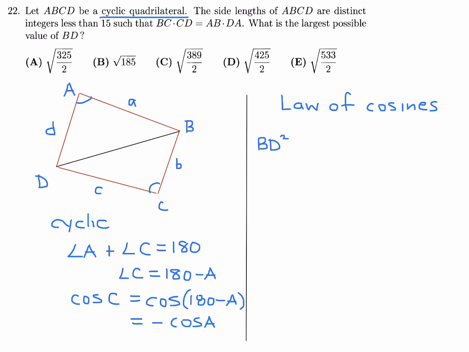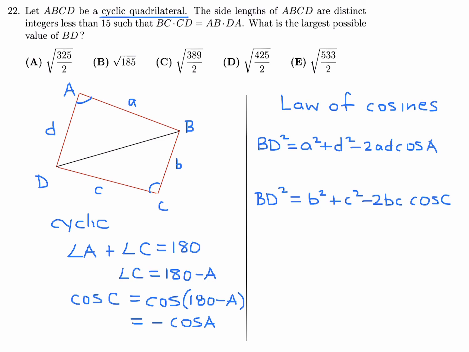BD squared will be A squared plus D squared minus 2AD cos of A. And then same kind of story, but we'll use that triangle this time. And that gives me BD squared is equal to B squared plus C squared minus 2BC cos C.